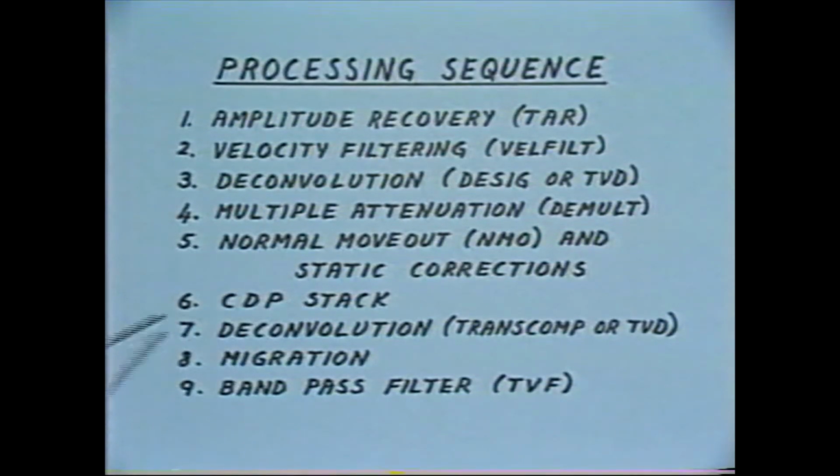Now, after common depth point stacking, the number of traces to be processed is reduced in the stacking process. So obviously there's some benefit to using processes after stack wherever that is possible. It's obviously going to be more economic since there are fewer traces to be processed.